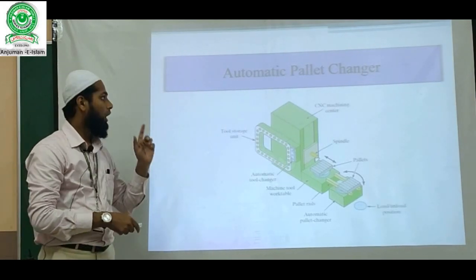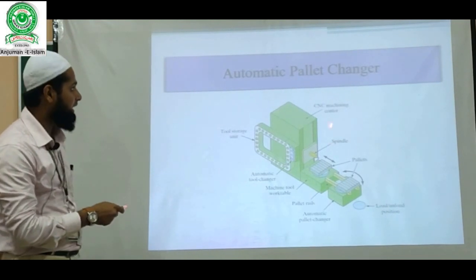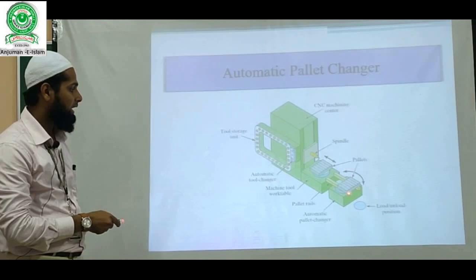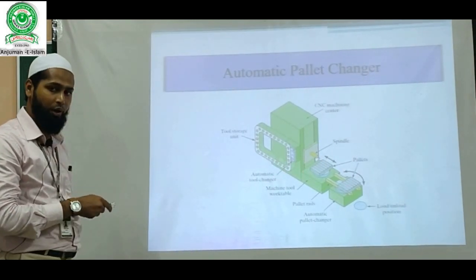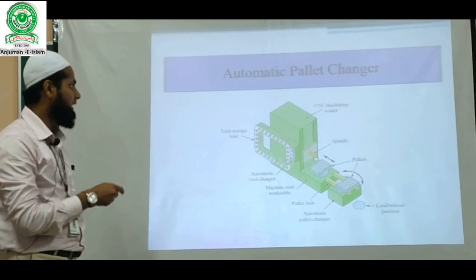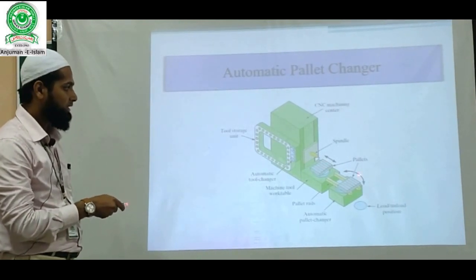Next, automatic pellet changer. Pellet means a work table. In any CNC machine, if you want to reduce the non-productive time, we have to adopt this automatic pellet changer. Here this is a working zone, this is a free zone.